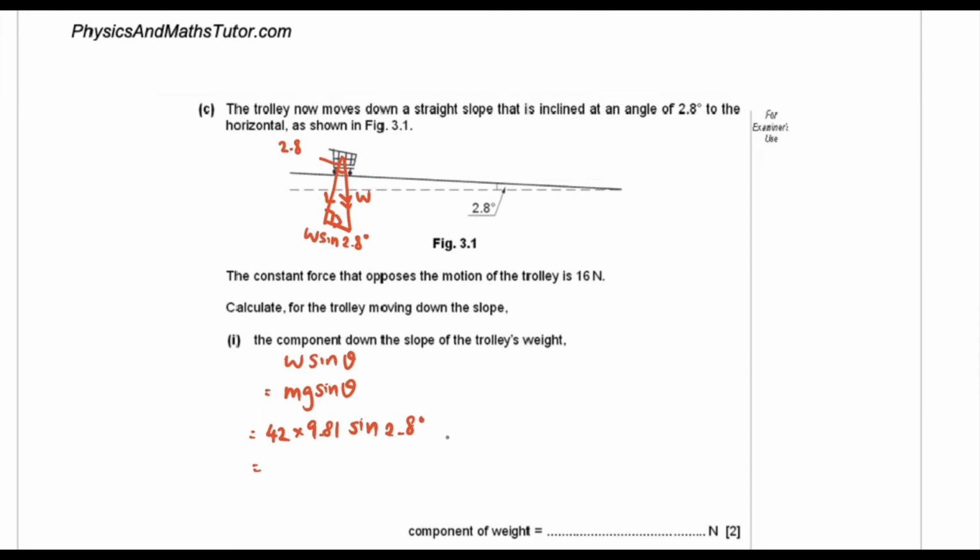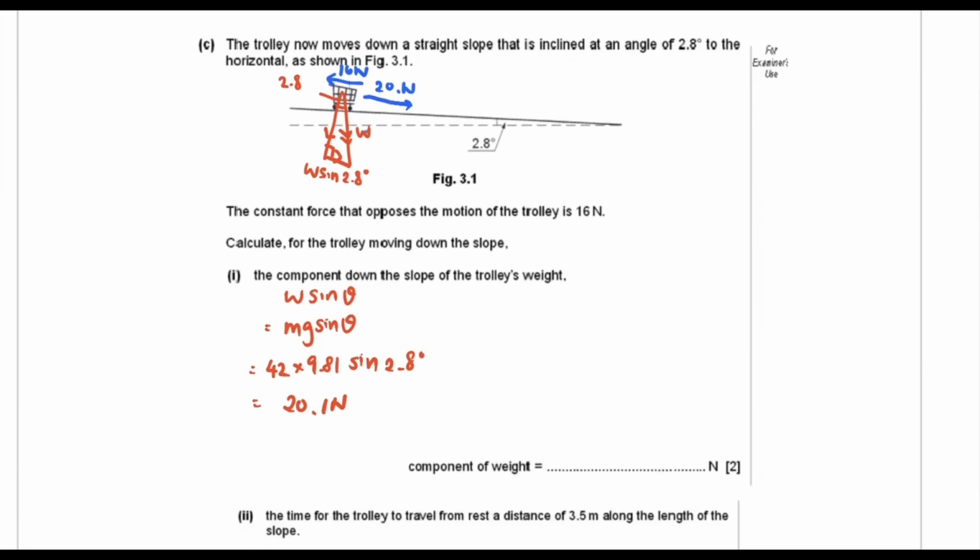So we get 20.1 Newton. Now you imagine going down the slope is 20.1 Newton. Opposing the slope is 16 Newton. 16 Newton is the other way.